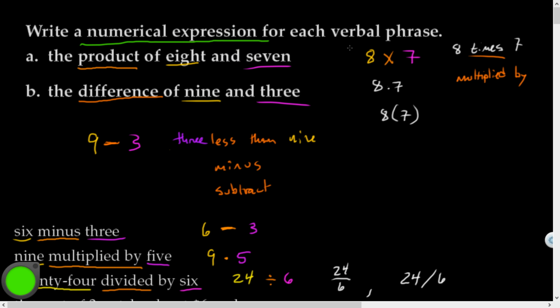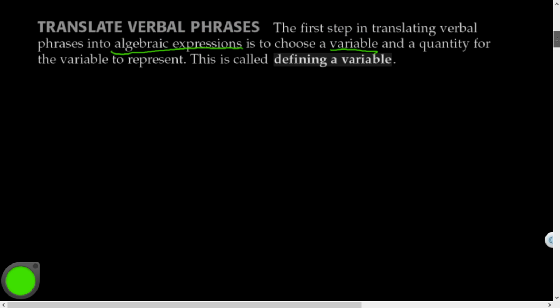Numerical expressions have numbers and operations, whereas algebraic expressions also include variables, which often will use x or y or t for time or length or width. We'll have all sorts of things: circumference, area, volume. We'll have all sorts of things that represent variables. They can be lowercase, they can be uppercase, all sorts of things like that.